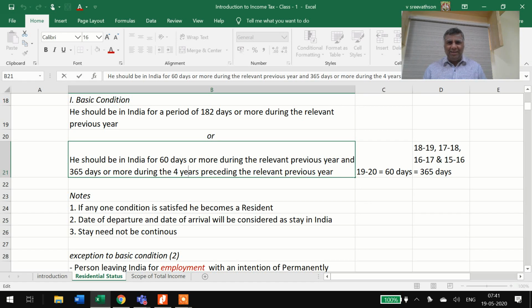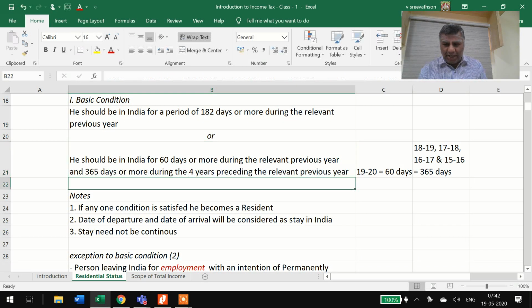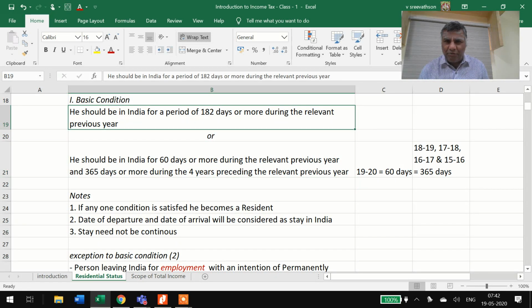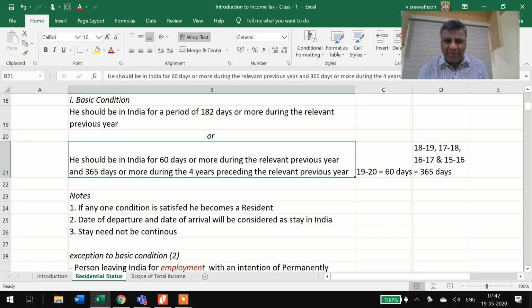Interestingly, if it is 182 days, I qualify under condition 1 itself. Why will I ever come to 2?